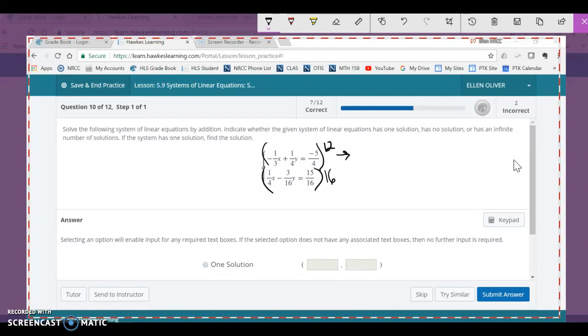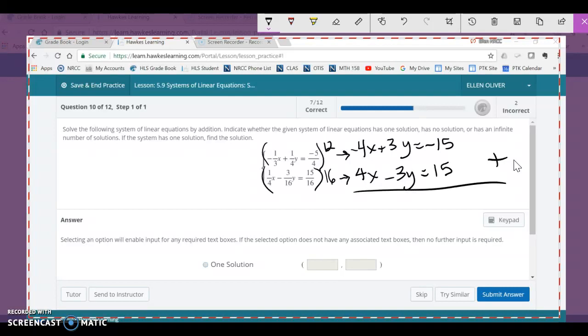So 12 divided by 3 is 4, so I'll have negative 4x plus 3y equals negative 15. 12 divided by 4 is 3 times negative 5, negative 15. 16 divided by 4 is 4, so this becomes 4x minus 3y equals positive 15.